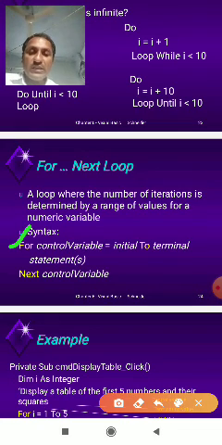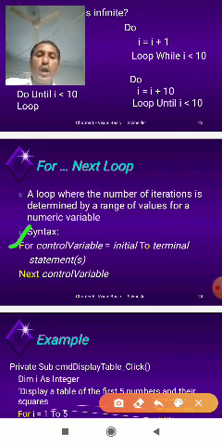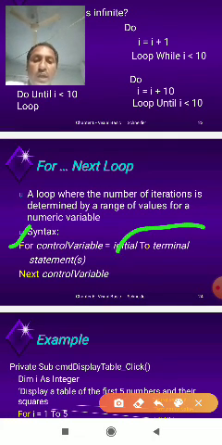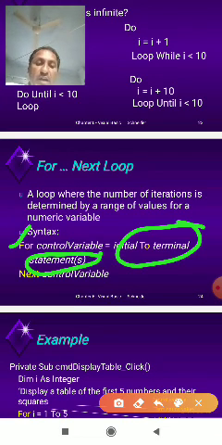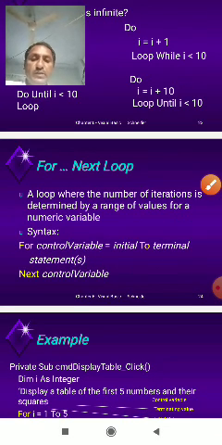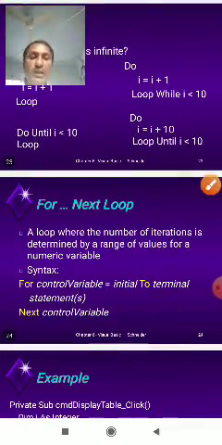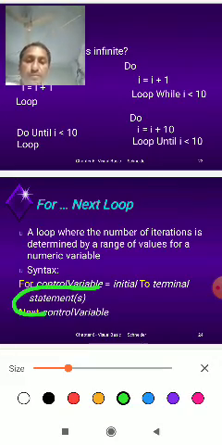So the For statement is: For control variable equals start To end, then the statements, and then Next with the control variable, which takes these values.